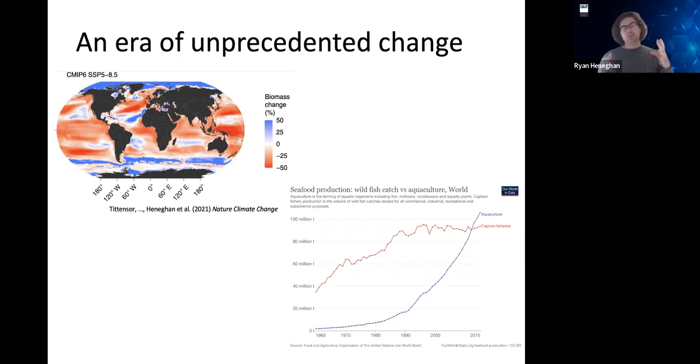All those things are putting pressure on marine ecosystems and the biomass that they support. At the same time, you not only have a changing environment, you also have humans putting large pressure on the oceans through fish extraction, so extracting biomass from the oceans as well. So we have these two pressures, both coming from humans, but in different ways.